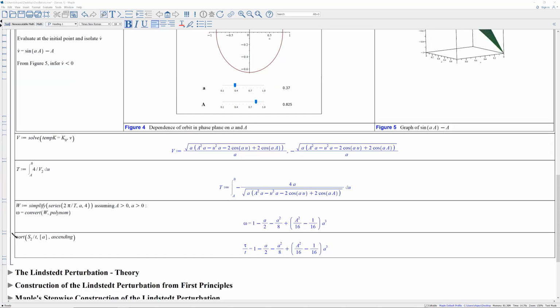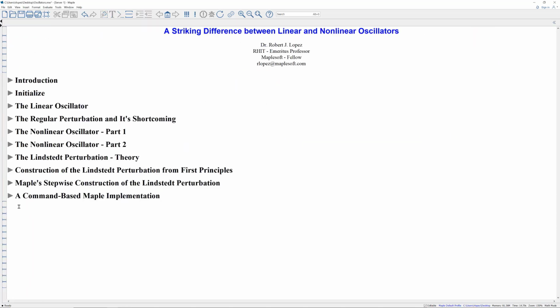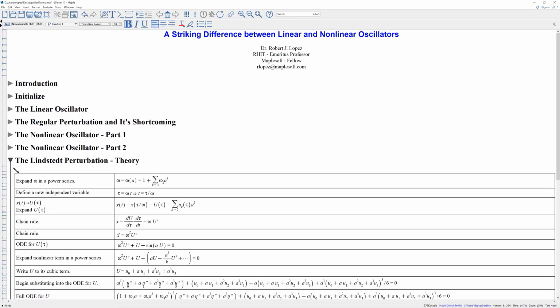We now proceed to look at some of the theory behind this Lindstedt perturbation. Omega depends on A. It's expanded in a series. This is what the series looks like. It starts with 1. We change variables to tau, which is omega t.